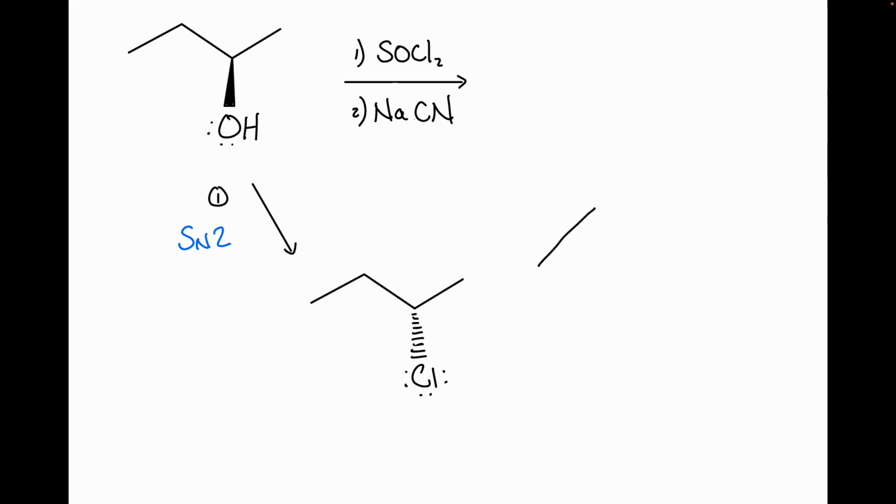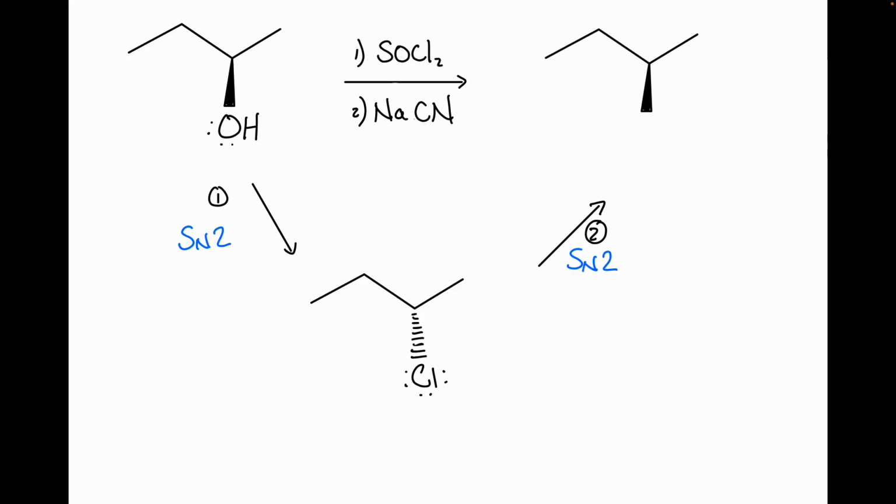Then when I do my second reaction, this is also an SN2 reaction. So what am I going to do to my now dashed bond in my product? It's going to flip back.